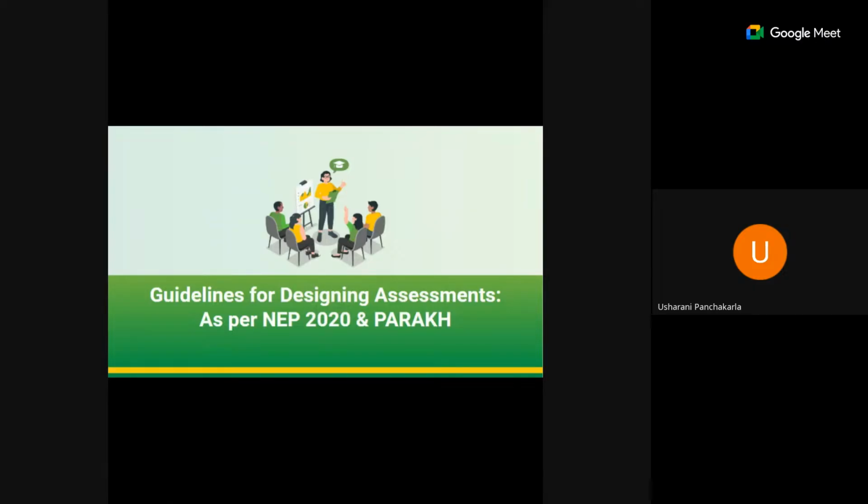Yes, very true. Formative is to understand how much the child has learned. What about summative?